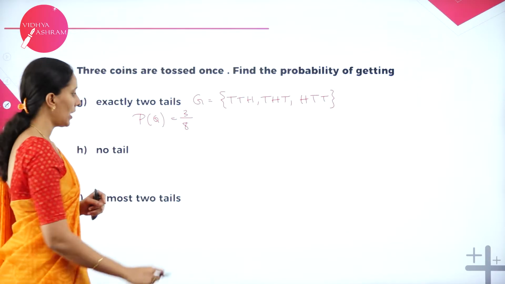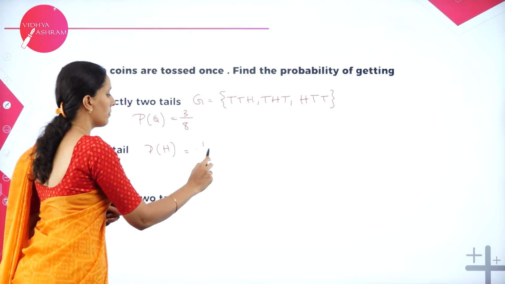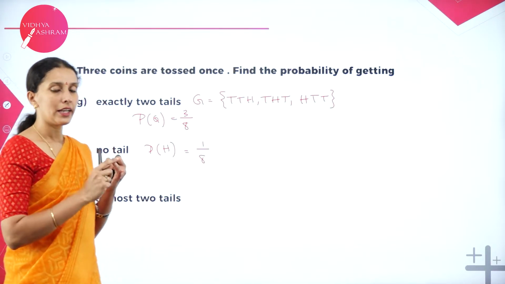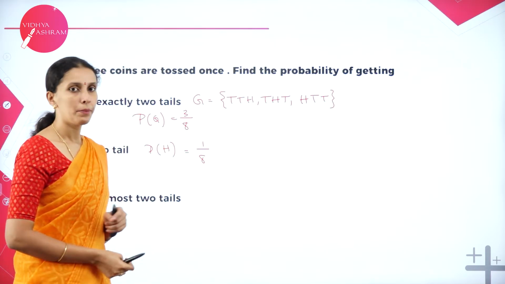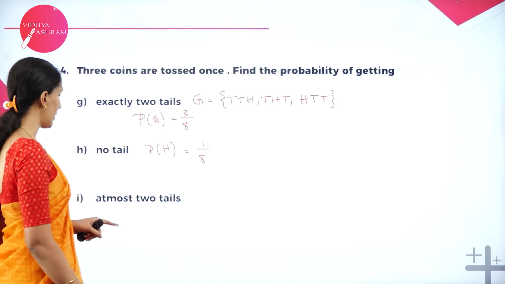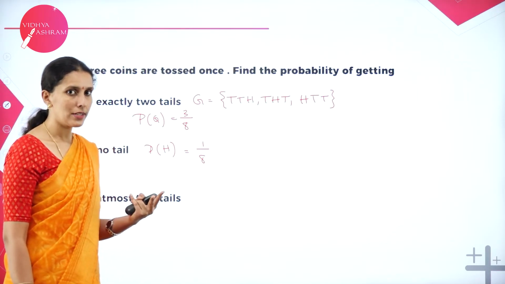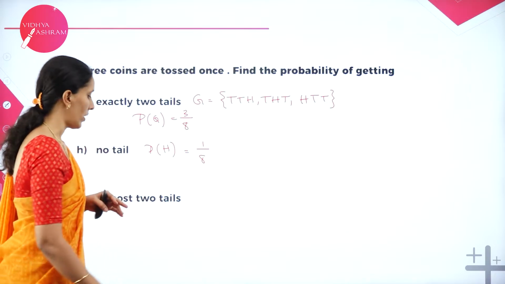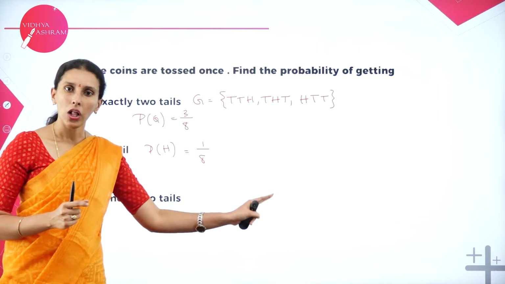No tail. No tail means you have only one outcome, 1 by 8. That is only in the case of 3 heads, you will not contain any tail. So therefore the probability value will be equal to 1 by 8. At most 2 tails means maximum you can have 2 tails, minimum 0 or 1. Therefore, except the case TTT, you can write all the outcomes.